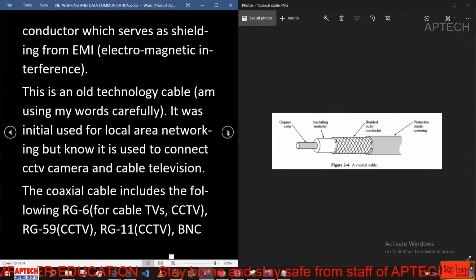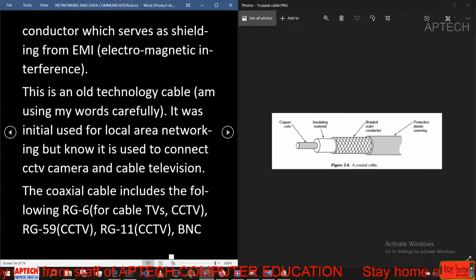If you notice, this is the same outlook your devices have. This is the cable you use for connecting your antenna to your decoder. They use them mostly on cable TVs and CCTV cameras nowadays.